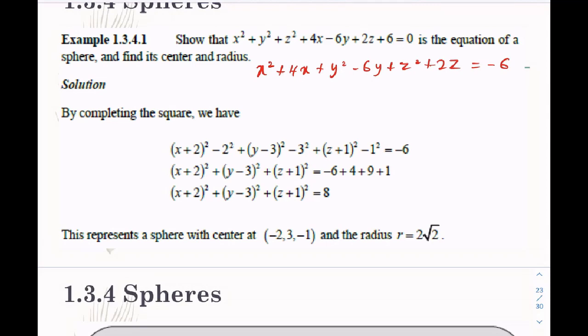Okay, so now when we do completing the square, we focus on the variable. Let's say here is (x plus 2) squared. Focus on this number 4. We divide by 2, it becomes 2, isn't it?